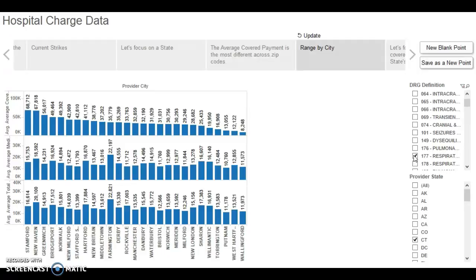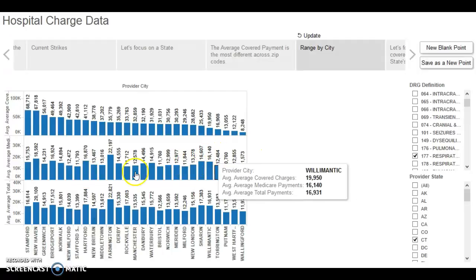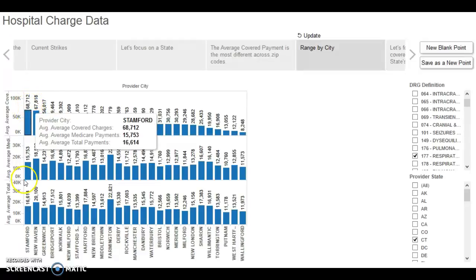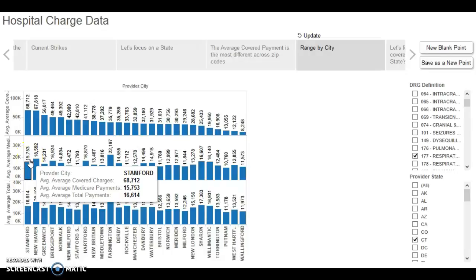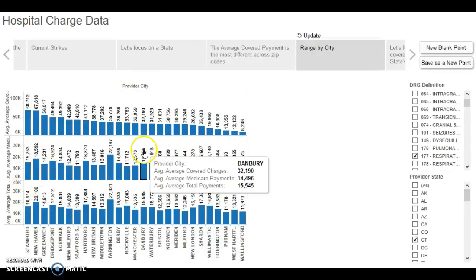If you wanted to go deeper into the data, it would probably be good to look at more, but for this project, I just want to focus on one so we can get the idea. So again, this Stanford is charging close to 70,000. Medicare is paying 15,000, and it's just not adding up.